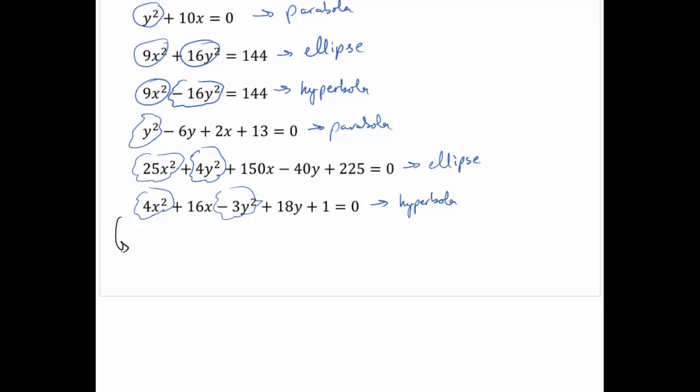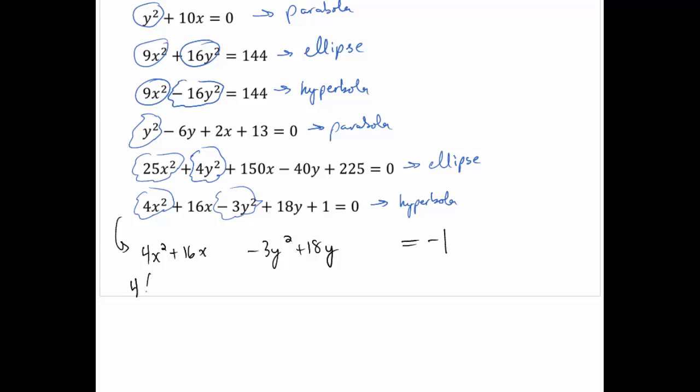I'm going to group all of the x's together and the y's together. I'd have 4x squared plus 16x, and then minus 3y squared and plus 18y, and I'm going to bring that 1 to the other side of the equation as a negative 1.